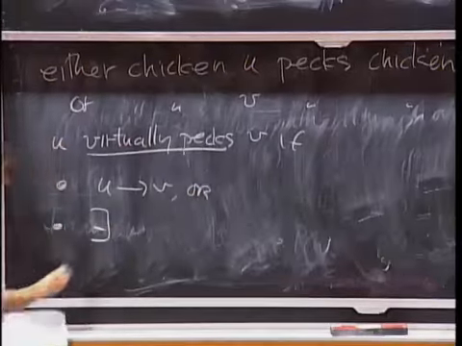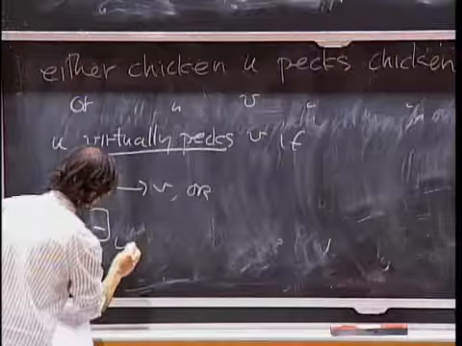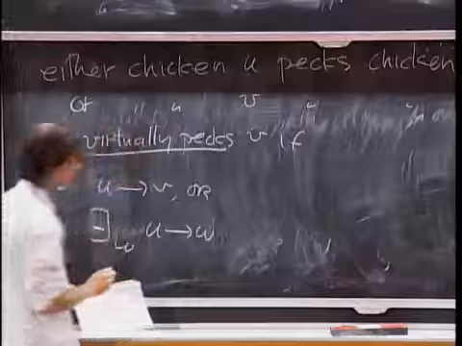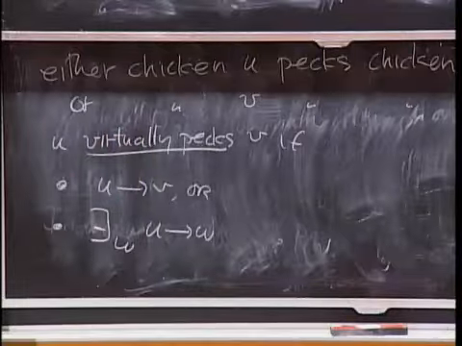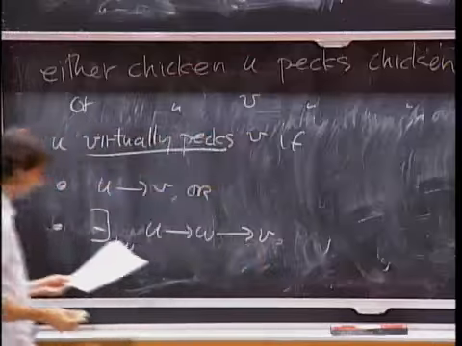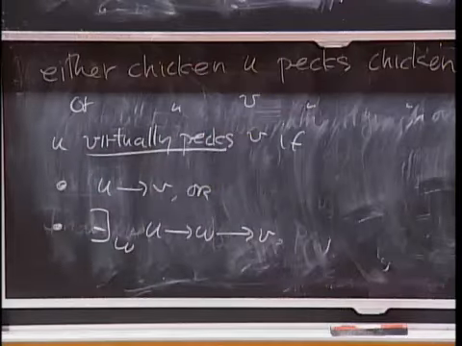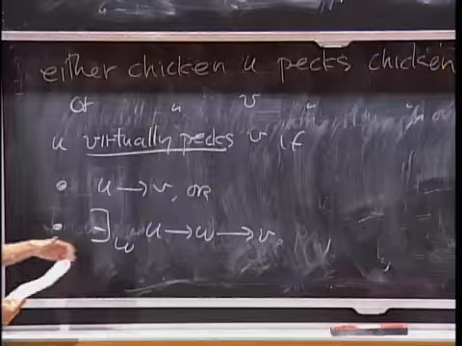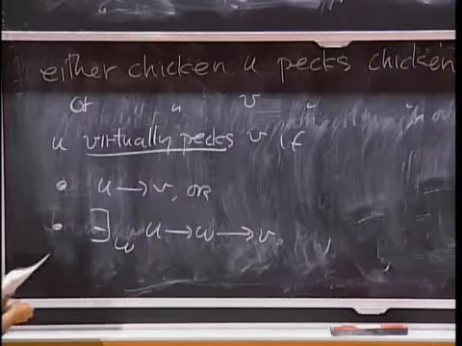Or there exists another chicken, W, such that U actually pecks W, and W in turn pecks V. So this is a very special kind of relationship.